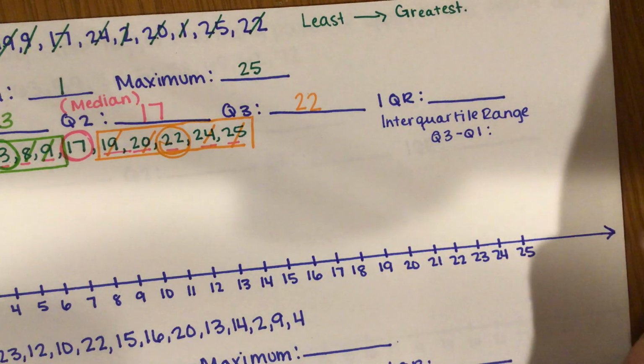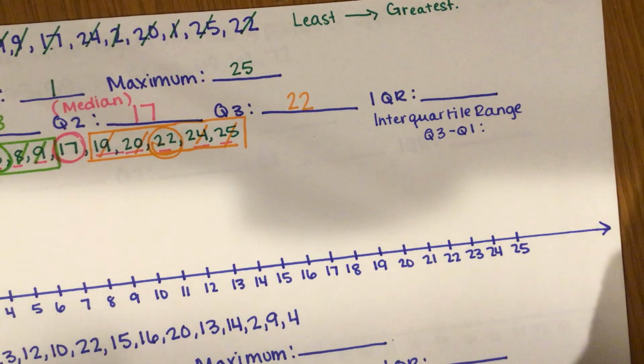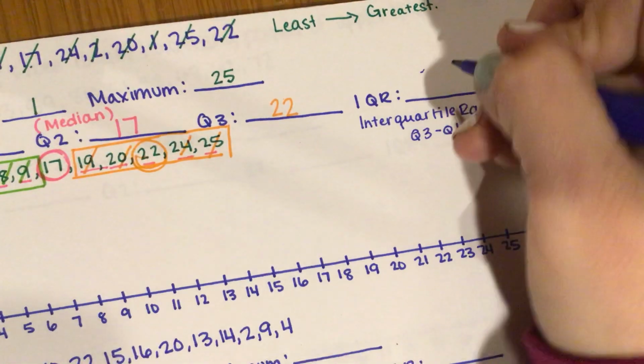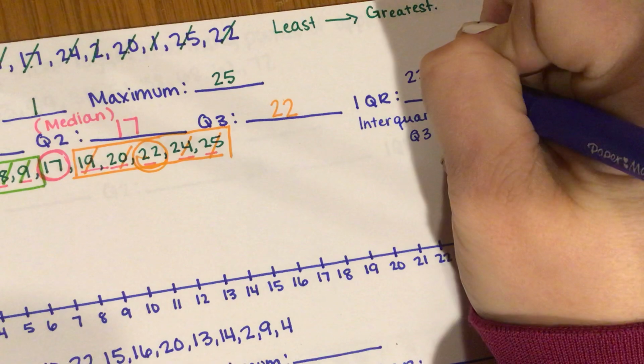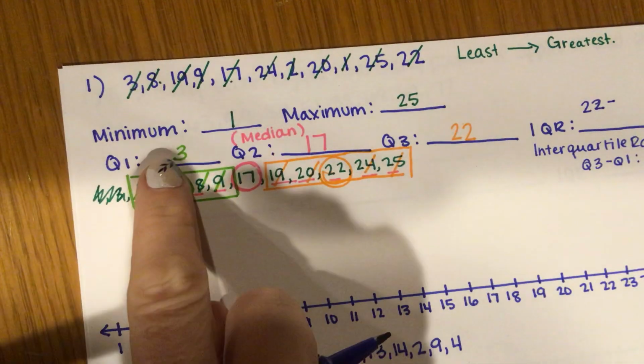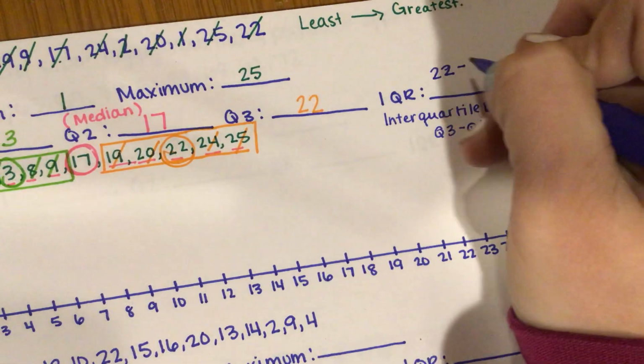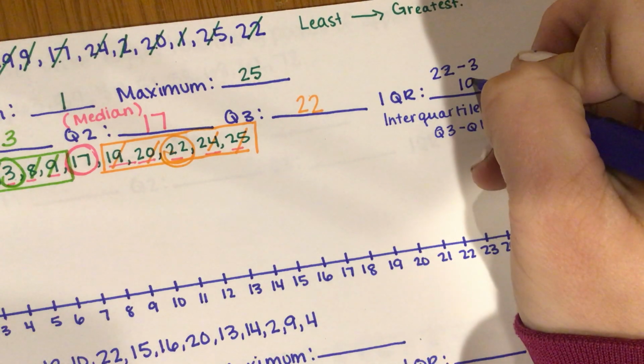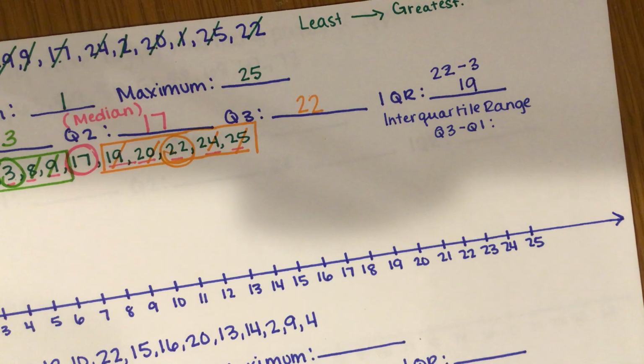It's the middle 50% of my data. So Q3 is 22 minus Q1, which is 3. 22 minus 3 is 19. The variability for the middle 50% of my data is 19.